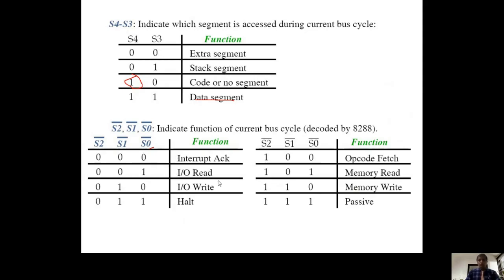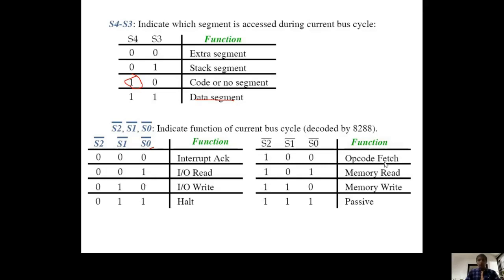If it is 001, then the processor performs IO read, meaning the processor reads data from an IO device. If it is 010, the processor performs IO write, meaning it writes data to an IO device. If it is 011, the processor is performing halt. Halt means like waiting. Now if it is 100, because with 3 inputs there are 8 combinations, 100 means fetching the opcode.